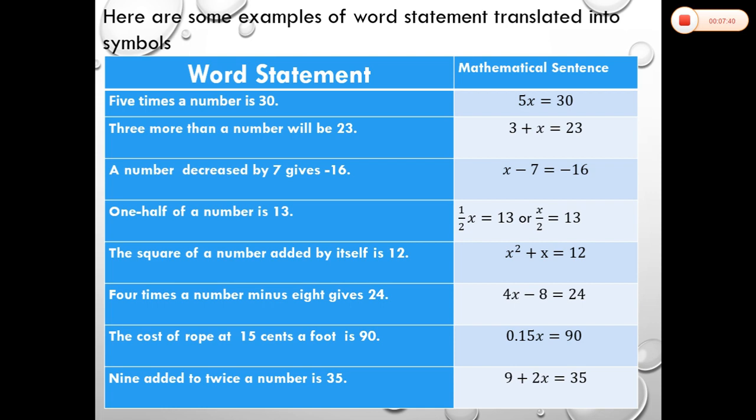The cost of rope at 15 cents a foot is 90. So 0.15x is equal to 90. 9 added to twice a number is 35. So that becomes 9 plus 2x is equal to 35.